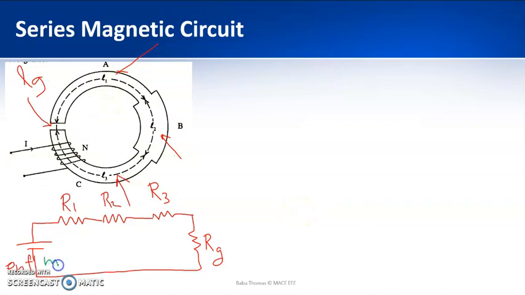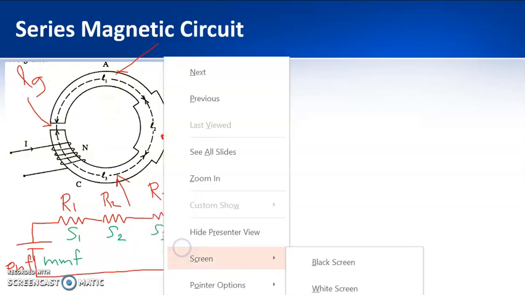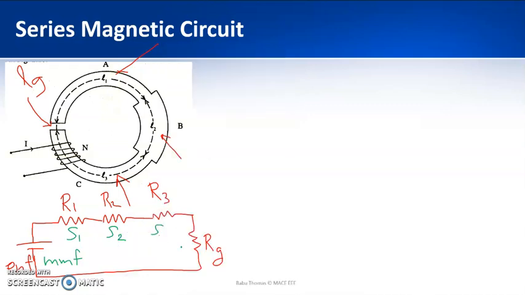So this will be MMF, this will be the reluctance S1, reluctance S2, reluctance S3, and reluctance Sg. So now it is very easy. In a series circuit, the total resistance will be R1 plus R2 plus R3 plus Rg.